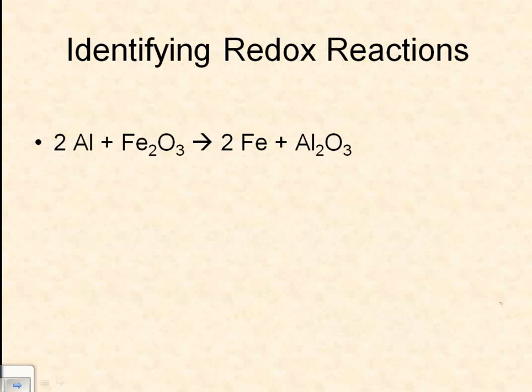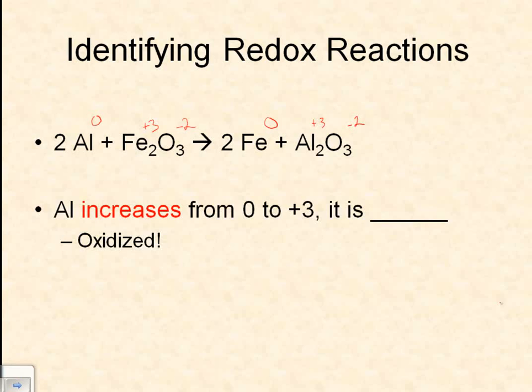Okay, but let's take a look in practice. Alright, so here I have an equation. Let's just go ahead and identify the oxidation number of everything involved. The oxidation number of aluminum is 0, because it's an element. The oxidation number of iron would also be 0, because it's an element. The oxidation number of oxygen is a -2, so the iron is going to be +3. The oxidation number of aluminum is a +3. The oxidation number of oxygen is a -2. Okay.